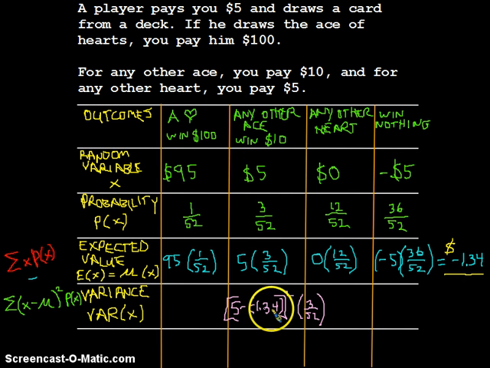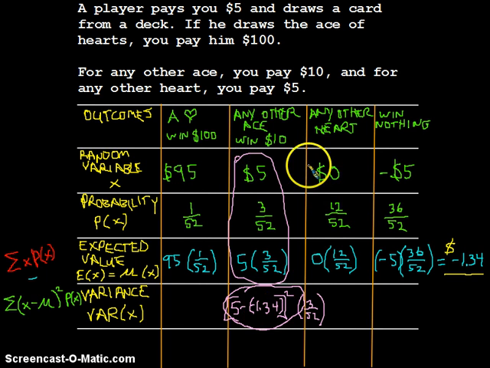Alright, so if I do 5 plus 1.34 and I square that and I multiply by 3 over 52, I'll then have this term right in here. I'll have this term that's associated with these pieces of information.